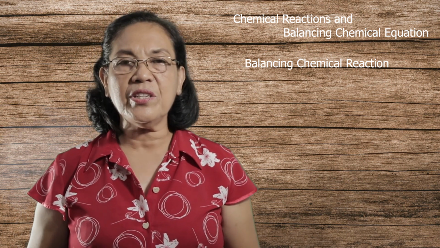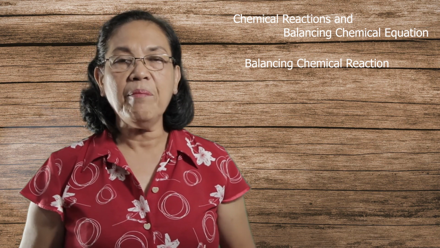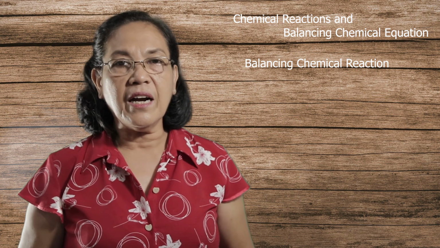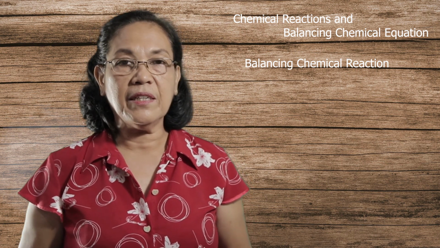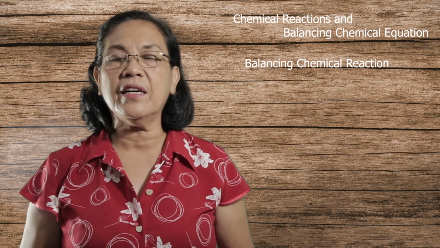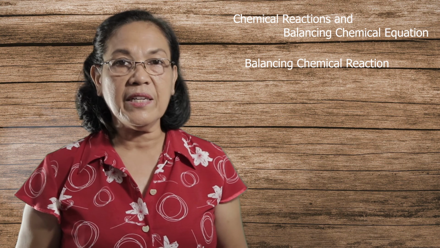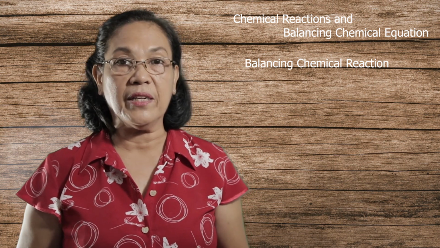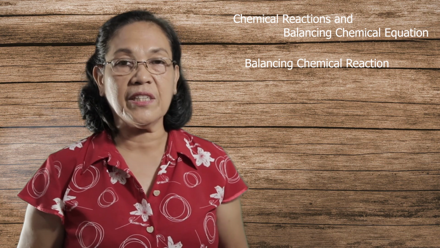Now, there are suggestions on how to balance a chemical equation. Number one is start balancing from the most complex part. So you have to look in the reactants or in the products which of them is the most complex one. Then that will serve as your reference point.